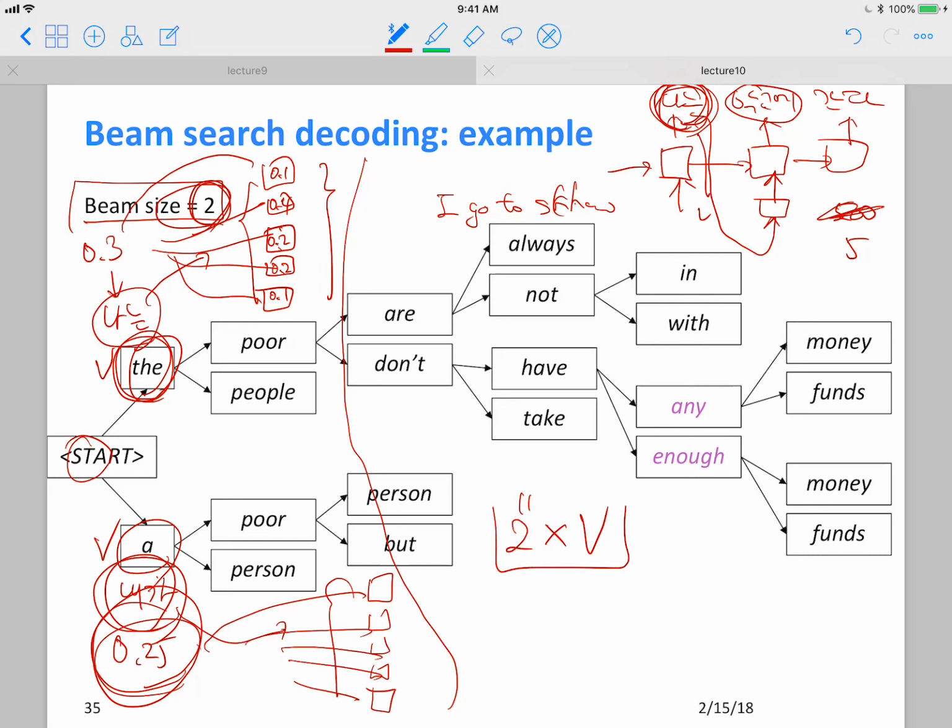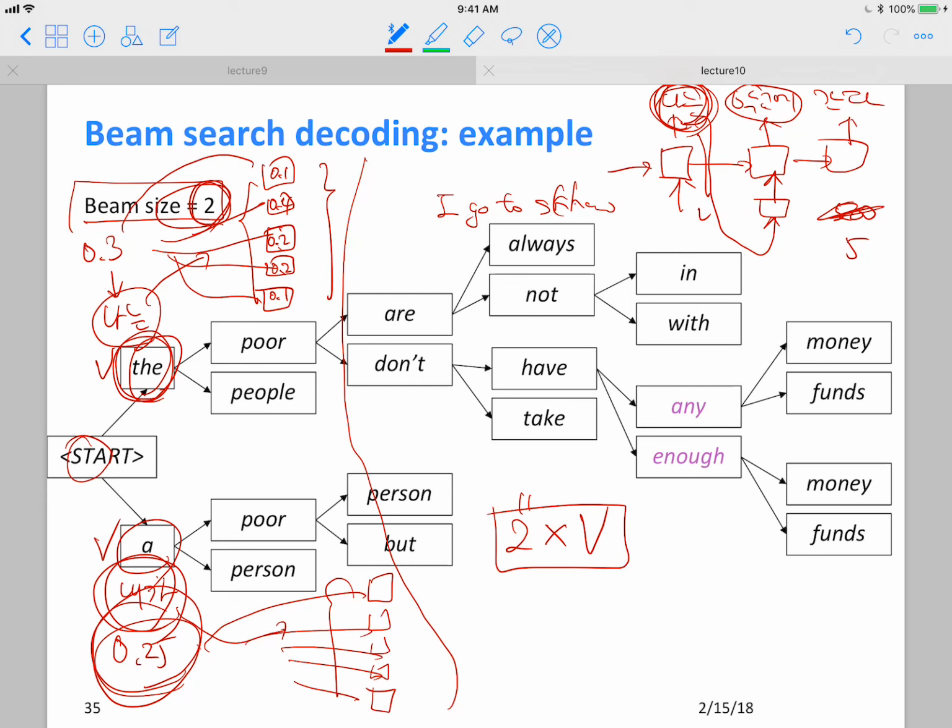So we consider basically 2 times the vocabulary size of possible cases and their probabilities, and from there we select the top 2 highest probability ones.